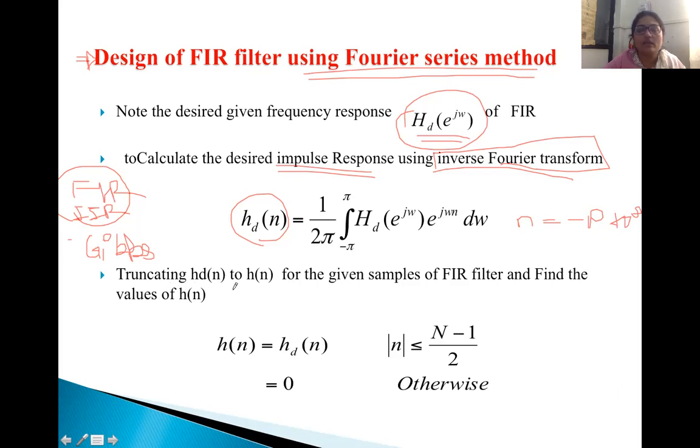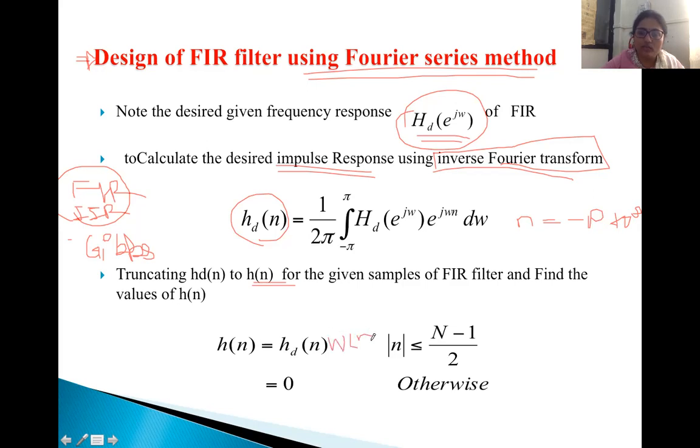By truncating HD of n to h of n. We truncate the desired impulse response HD of n to h of n by multiplying HD of n with the window function W of n.